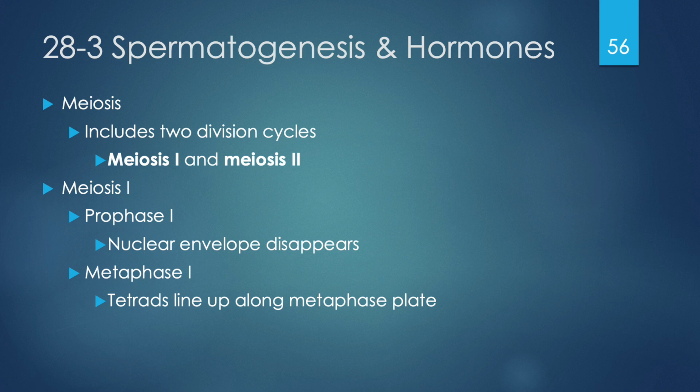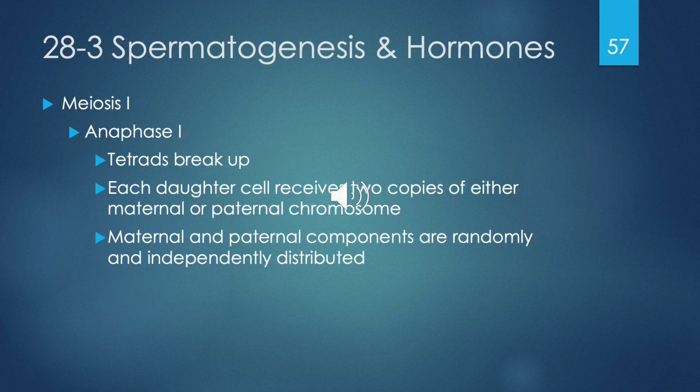During meiosis 1, we have prophase 1 in which the nuclear envelope disappears. In metaphase 1, the tetrads are going to line up along the metaphase plate. And remember what's pulling them along that metaphase plate? Centrioles. In anaphase 1, those tetrads will break up, with each daughter cell then getting two copies of either the maternal or the paternal chromosome.